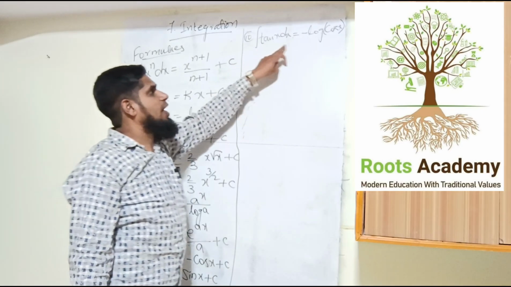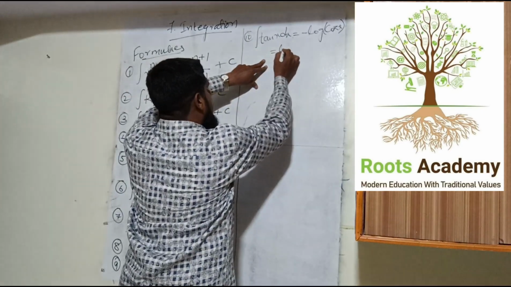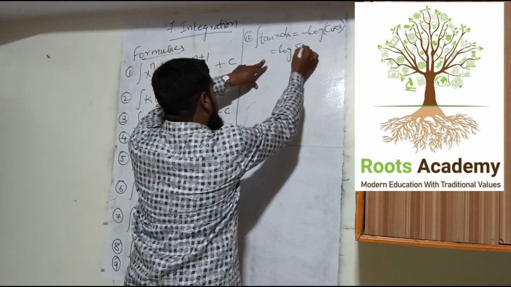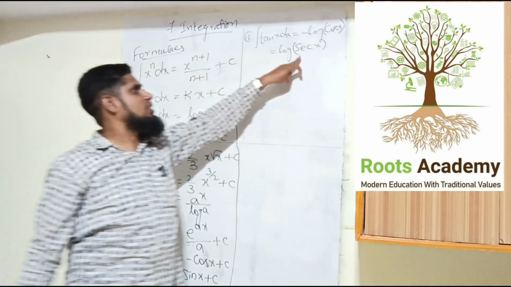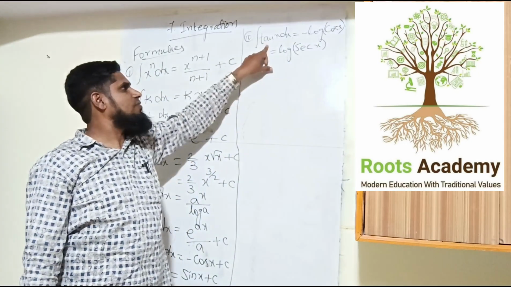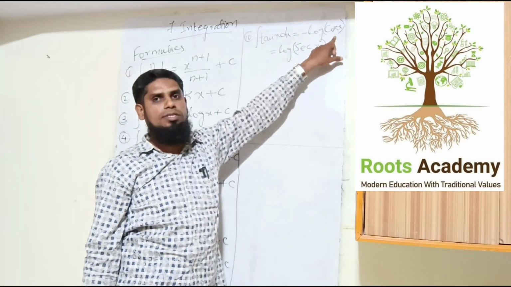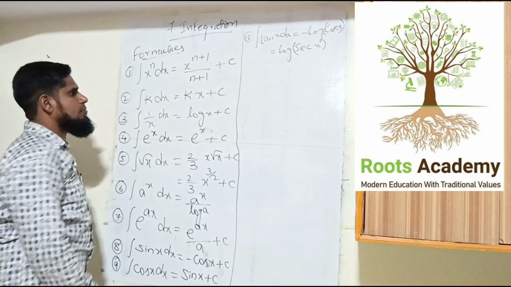Integration of tan x has one more formula. This can also be written as log of secant x, because if we differentiate these two functions we will get tan x. So integration of tan x is either minus log cos x or log secant x plus c.